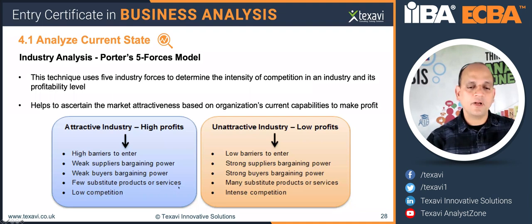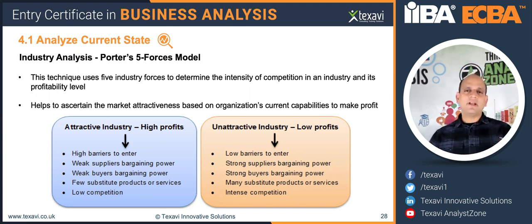Few substitute products or services, again you've got very limited choice. If you've got limited choice, people are forced to buy your product or your competitor's product. They can't go to 100 others, and that means it's not a commodity market. That's why you have to distinguish between branded products and commodities. The moment a thing becomes a commodity, they can go to any supplier from A to Z and get that.